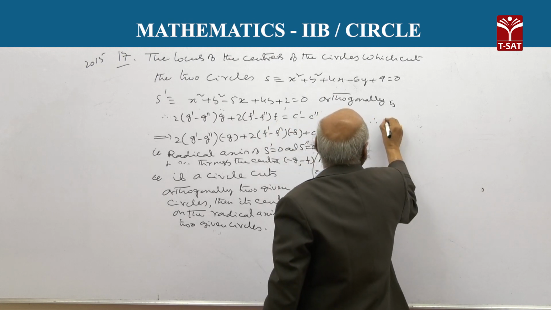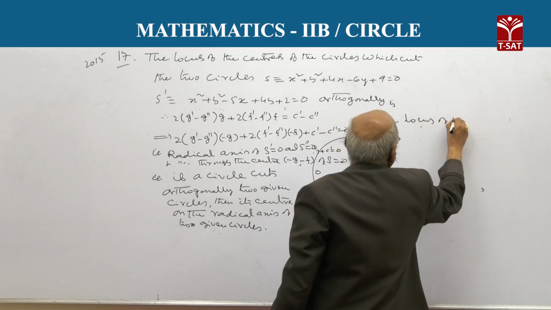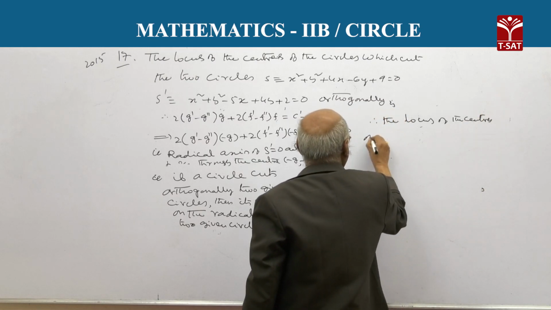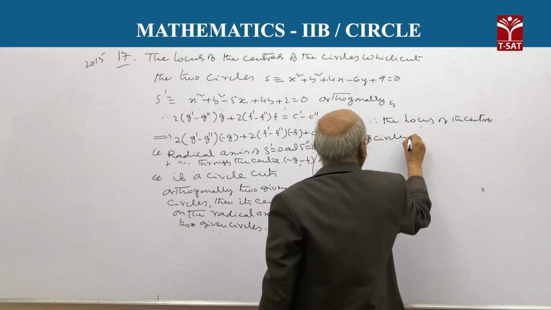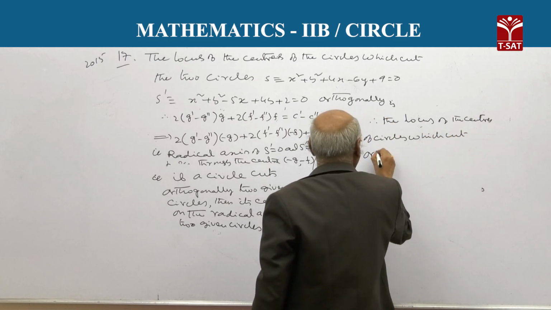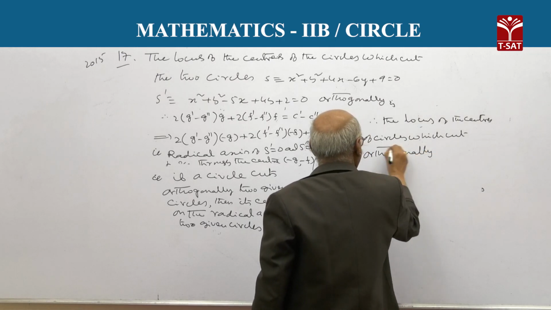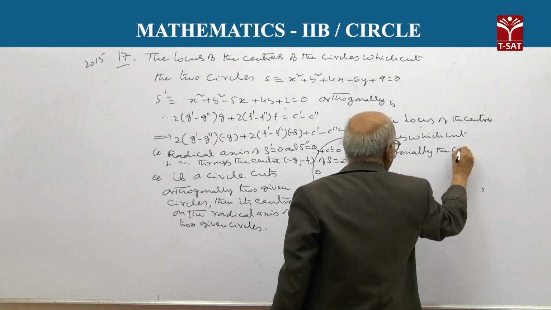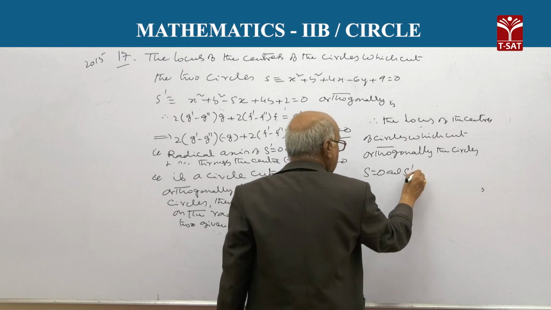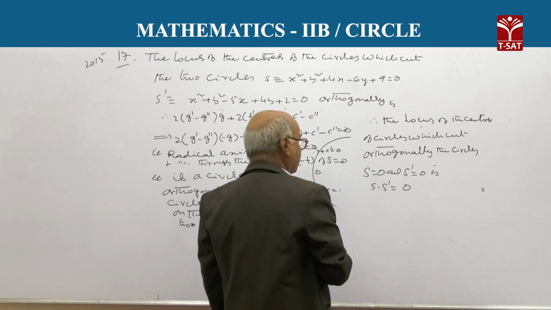So therefore the locus of the centers of circles which cut orthogonally the circles S = 0 and S' = 0 is S - S' = 0.